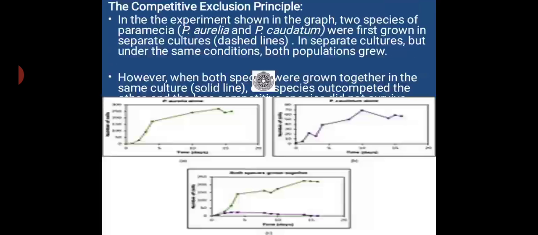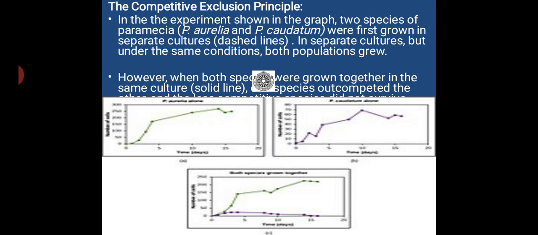As you see in this first graph, this shows the growth curve of Paramecium aurelia, and this is of Paramecium caudatum. When the same conditions are provided in the culture medium, both exhibit almost the same type of growth curve. That is what you can make out in these two graphs.